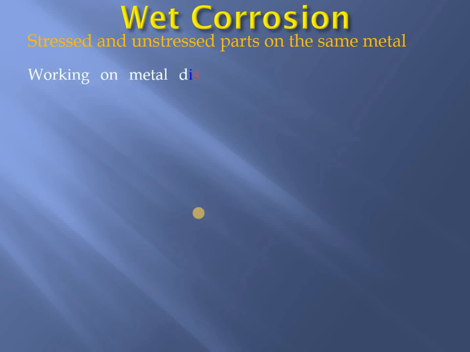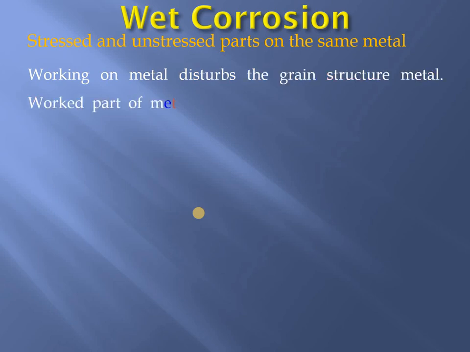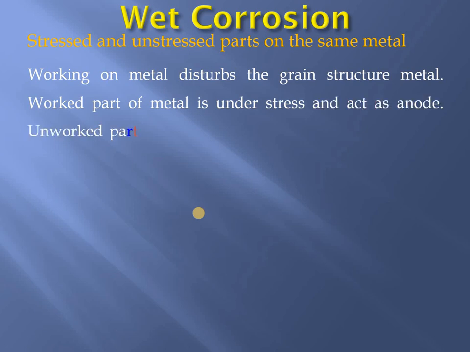Second situation is the stressed and unstressed parts on the same metal. So working on the metal disturbs the grain structure of the metal. The worked part of the metal is under stress and acts as anode.